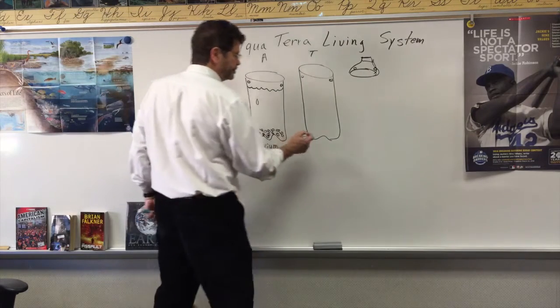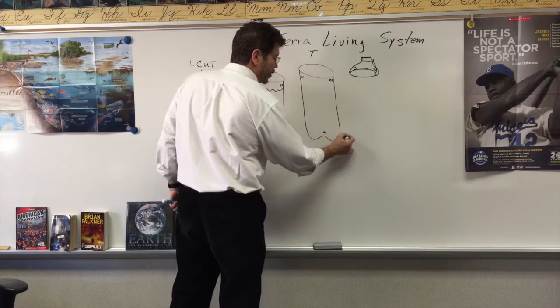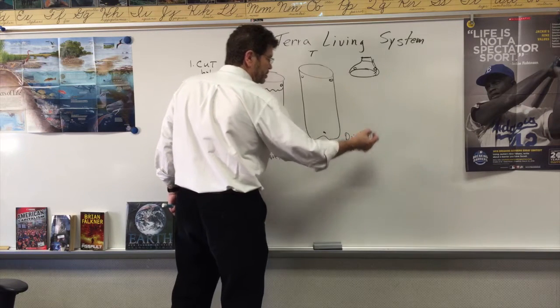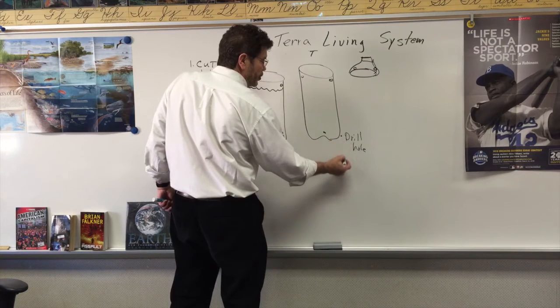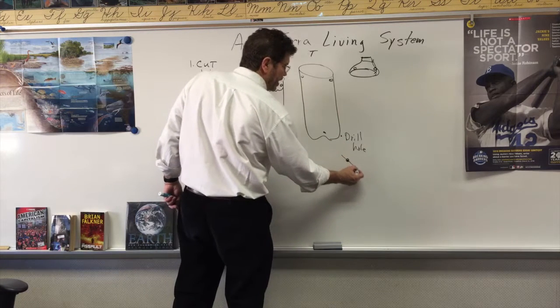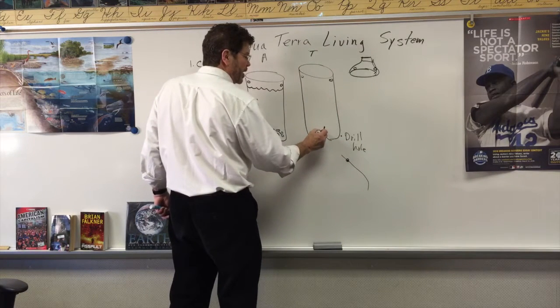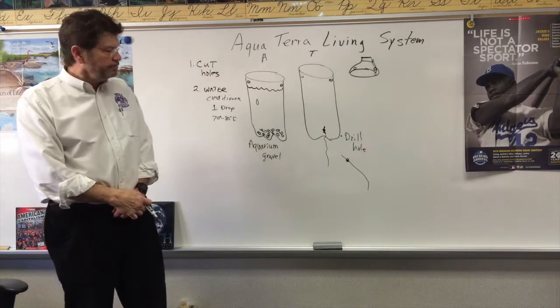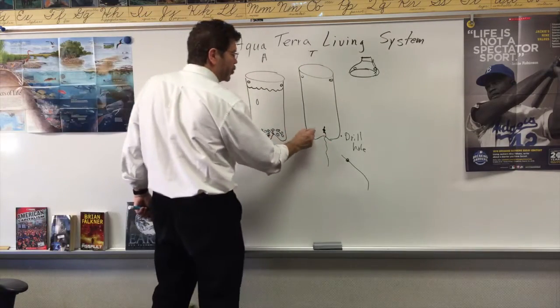Number three, over here, I'm going to drill a hole in the Terra. Okay? Number four, you're going to take a wick, tie a knot in it. It's going to go right here and hang down. Got that? Next, you're going to put some gravel here.